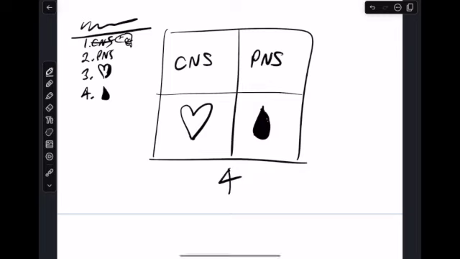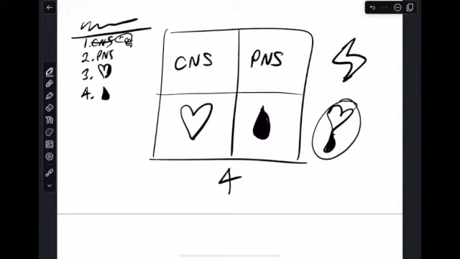Okay, this is cardiovascular stuff, and this is nervous system stuff, right? So I do a lightning bolt for nervous system and this symbol for cardiovascular: heart, blood vessel, anything blood or vascular, I use that symbol. And I like to use a lot of these symbols in my notes so I don't have to spend time writing out words. It just makes things easier to write, easier to read, quicker, and visual. But what I'm demonstrating here is that I just put a yin-yang of CNS versus PNS, right?